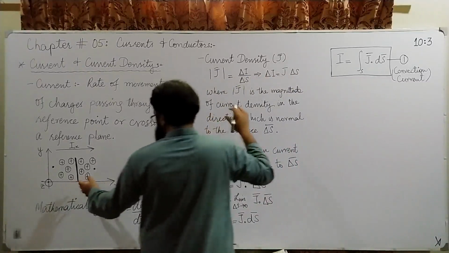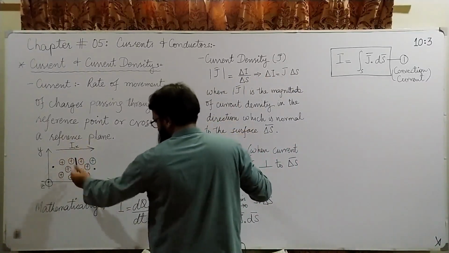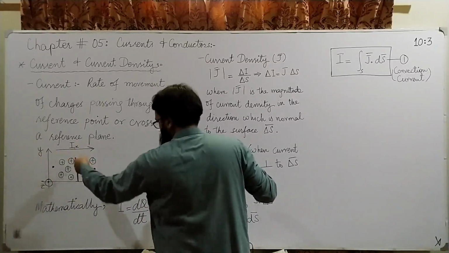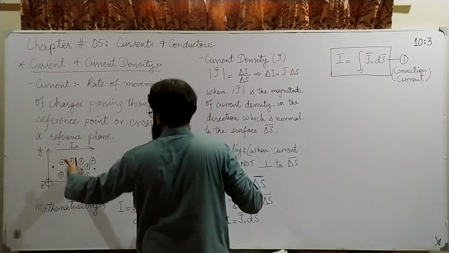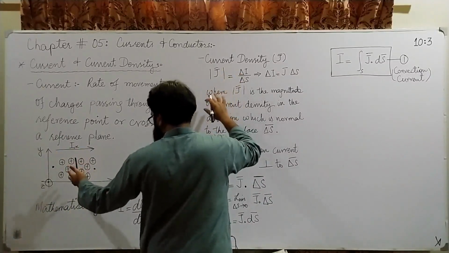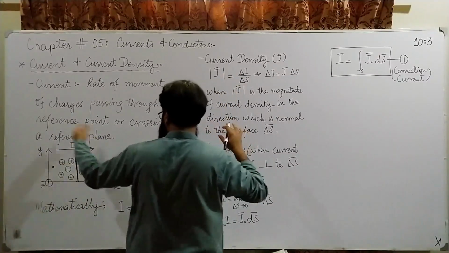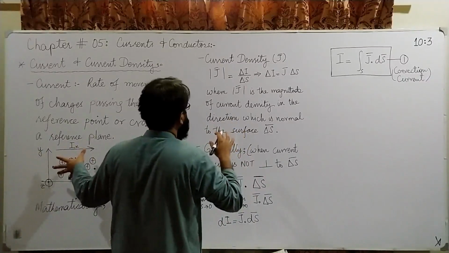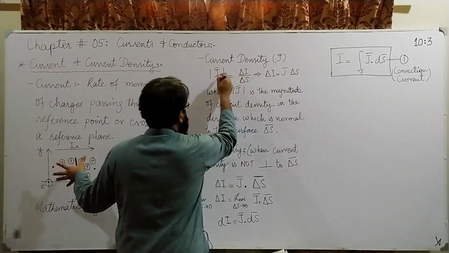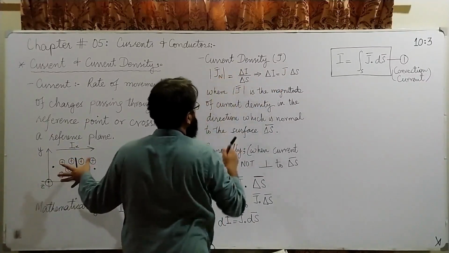All right, so the assumption in this particular situation is that the direction of current, that is I, is perpendicular to what? Surface area. So in this case, especially in this particular figure, the current density which we are defining is actually normal to the surface.